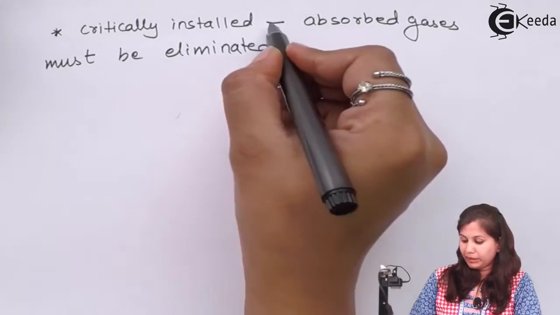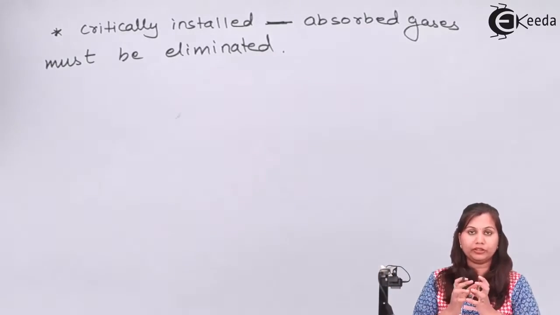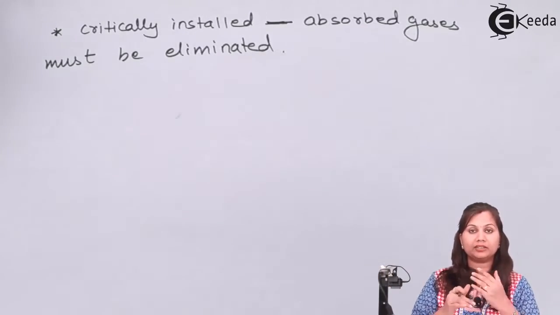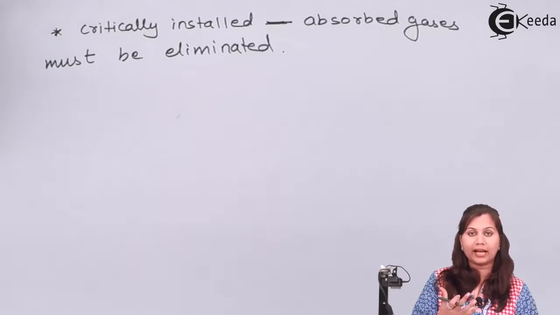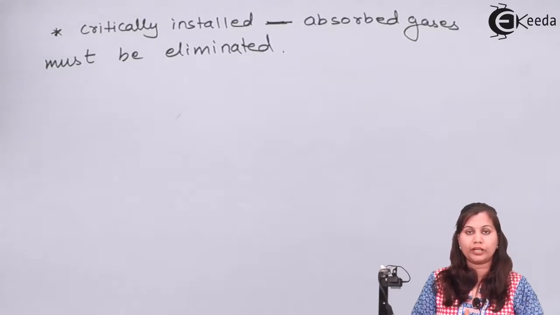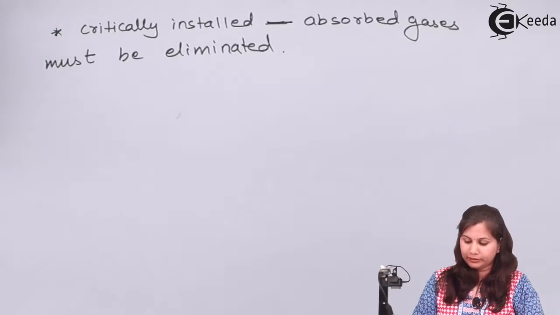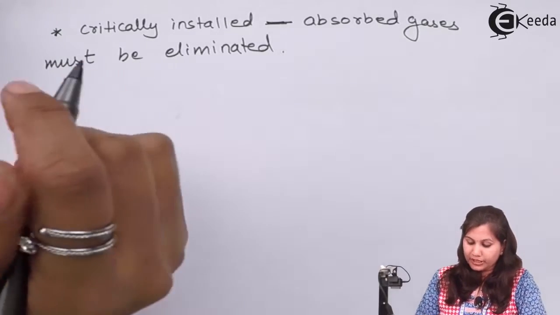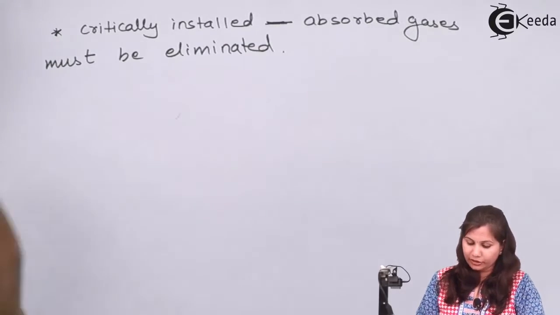The main problem is the absorbed gases. The gases which are absorbed in the tube must be eliminated, otherwise those gases are going to give wrong or inaccurate results when another measurement is being done. So every time the measurement is to be done, the gases are to be completely removed and only then should the measurement be done. So these were the disadvantages of this hot cathode type ionization gauge.